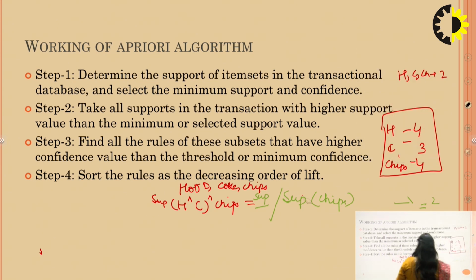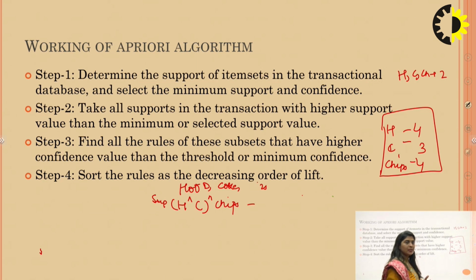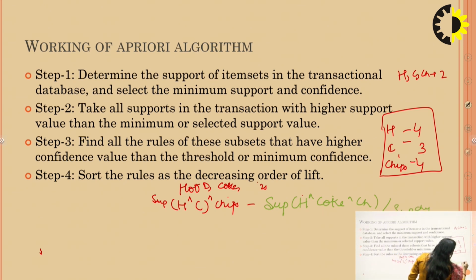Just a minute, how can we write it. Support means how many times the items have existed in a data set. So support of hot dog, Coke and the chips upon support count of chips. So this is the first association rule. Here hot dog, Coke and chips occurred 2 times and the chips occurred 4 times. Then the confidence comes out to be 50%.